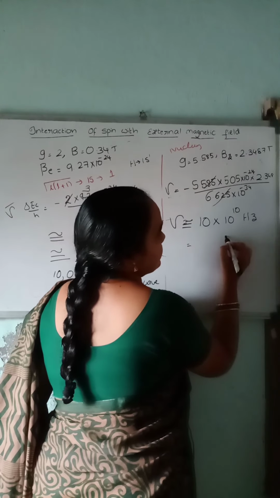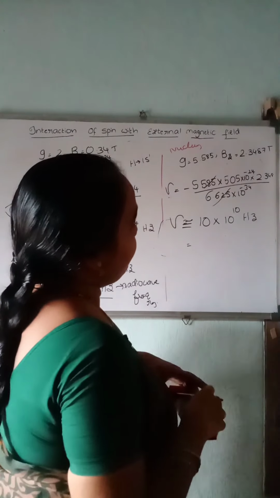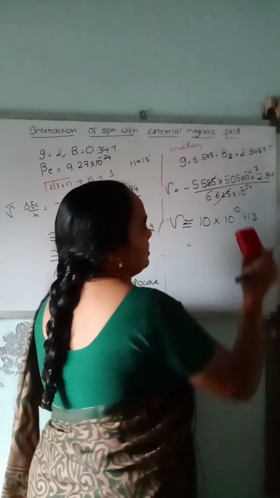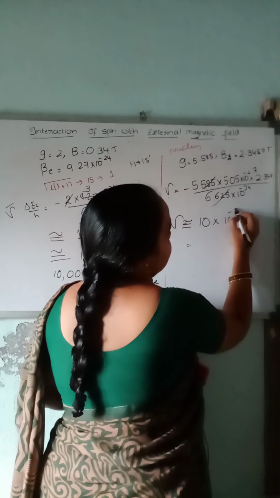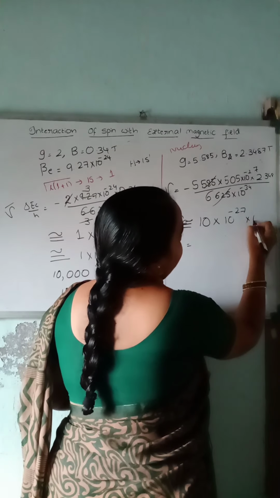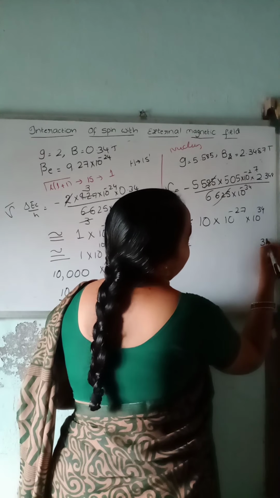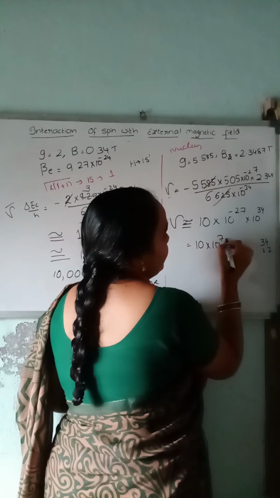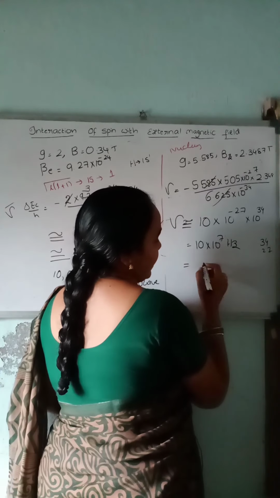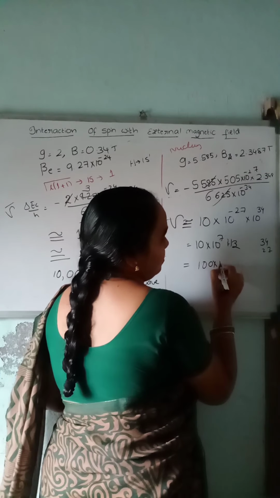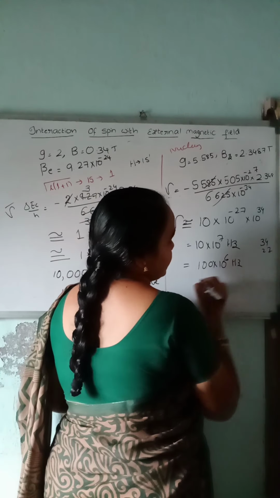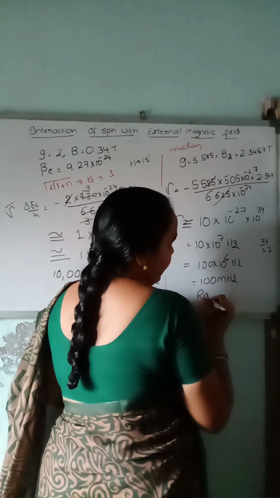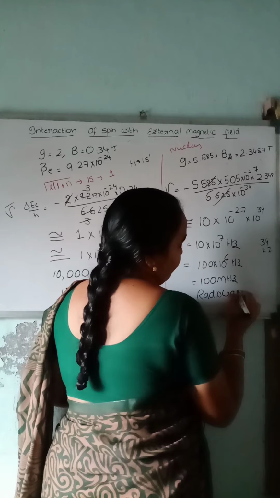In megahertz, 5.05 × 10^-27 multiplied by 10^34, so 34 minus 27 is 7. That is 10 into 10^7 hertz. So in megahertz this is 100 × 10^6 hertz, that is 100 megahertz, which is also a radio wave frequency region.